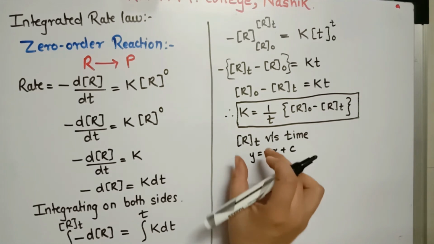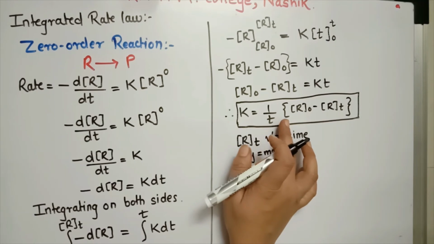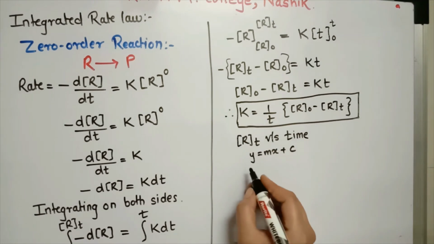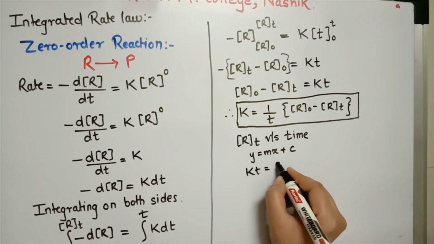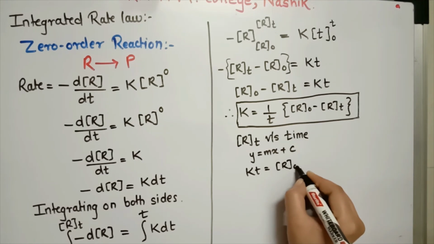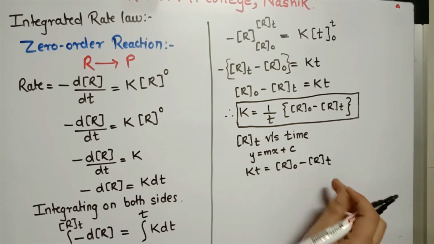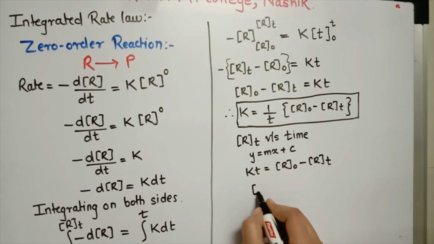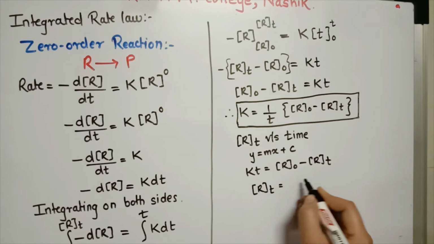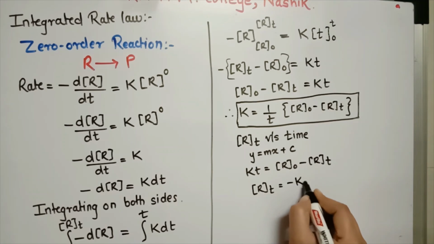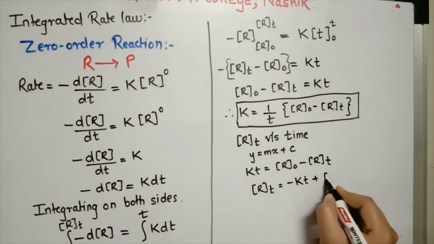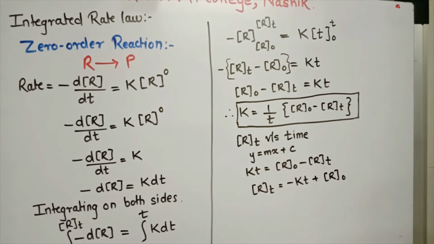So y is RT. We will take this KT is equal to R0 minus RT. We can rearrange this: RT is equal to minus KT plus concentration of R0. So now this is y, this is mx plus c.